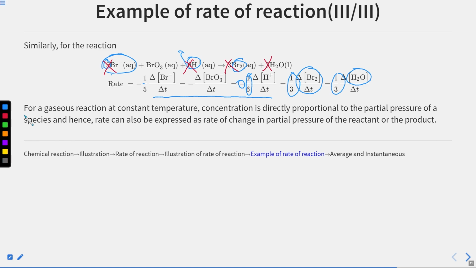Now if you see gaseous reactions, at constant temperature the rate is directly proportional to the partial pressure of the species, right? So in that case, what we can do, let's suppose for the previous reaction, or again if we take this reaction like N2 plus H2 gives NH3, if all of these are gaseous, then we can write the change in pressure.